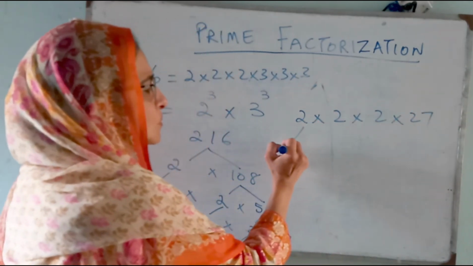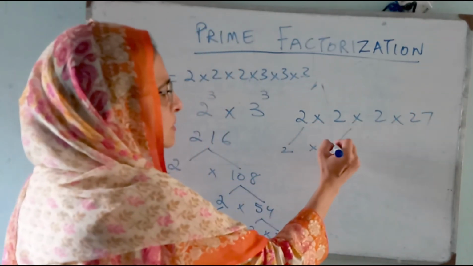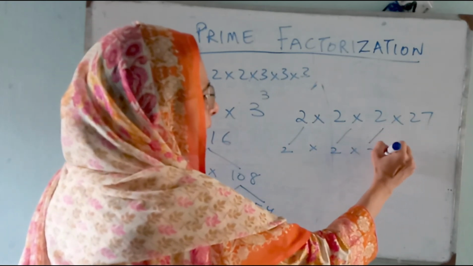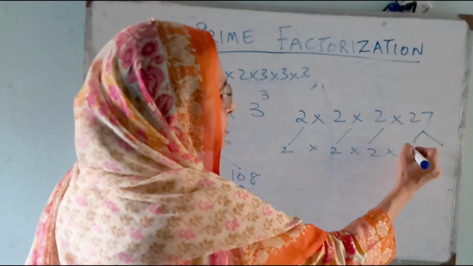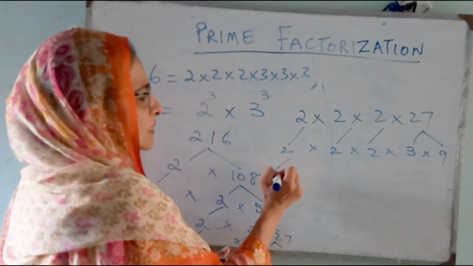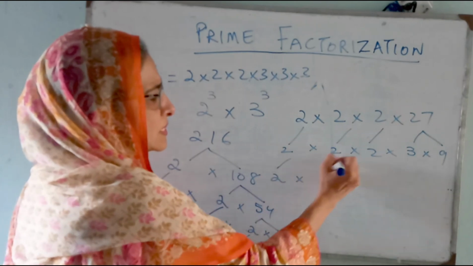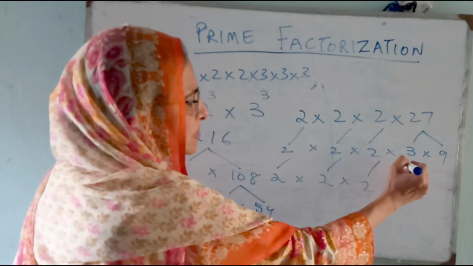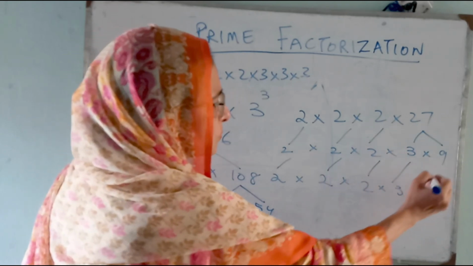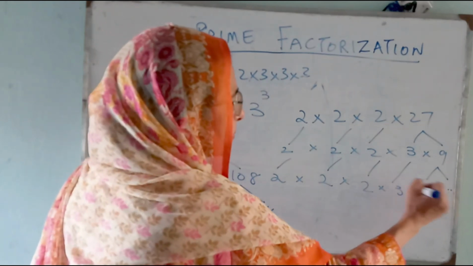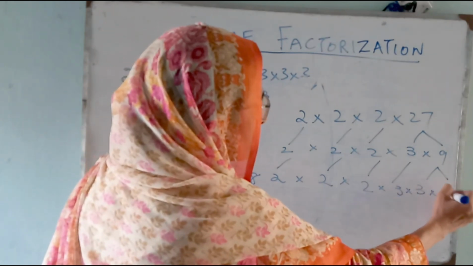So this 2 is going to come as it is, this 2 as it is, this 2 as it is, and for this 27, 2 branches, this is 3 multiplied by 9. Now further, this 2 is going to come as it is, this 2 as it is, this 2 as it is, this 3 as it is, but 2 branches for this 9. So this will be 3 multiplied by 3.